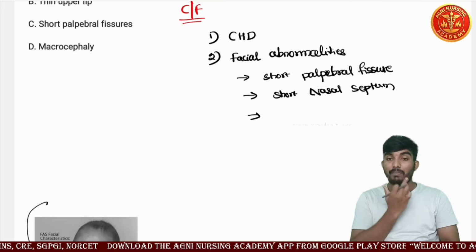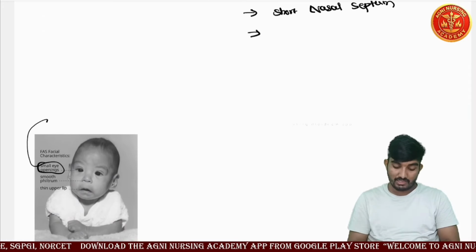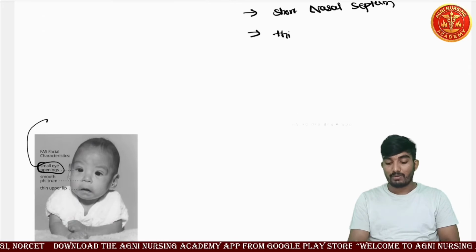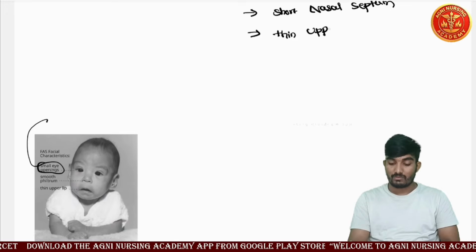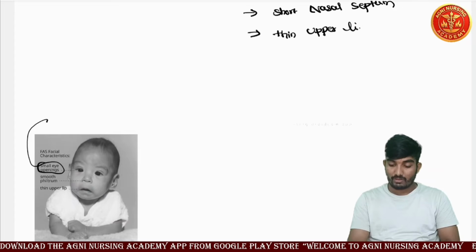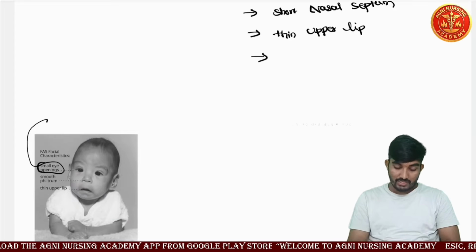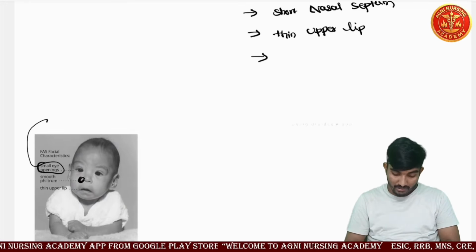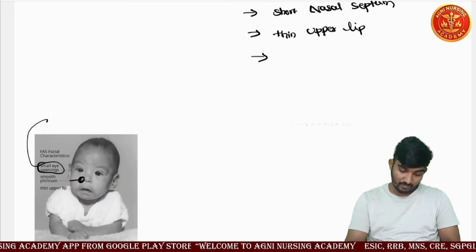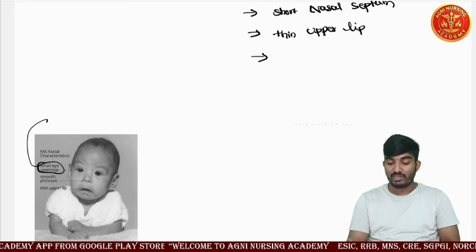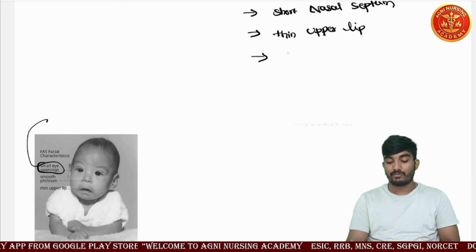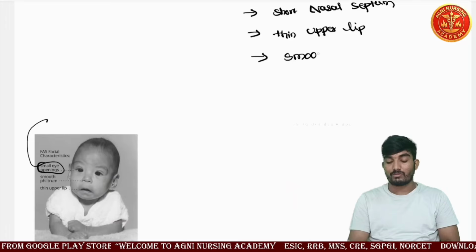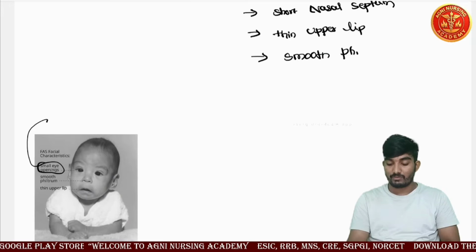Another feature is the upper lip of that child, which is a thin upper lip. And see here, observe the space present between, the smooth philtrum.